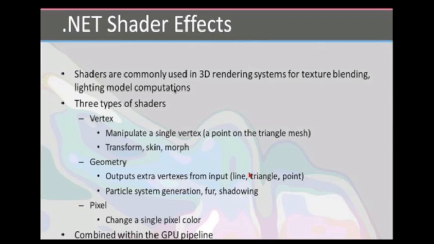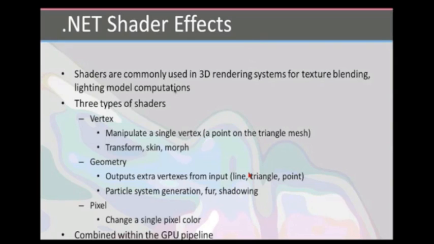Now, there are three major categories of shaders. There are vertex shaders, which manipulate a single vertex point. If you've got a three-dimensional object with a mesh defining the model, each one of those points on the mesh can be manipulated using some code inside the GPU. So I can transform the model, I can put skin on it, I can morph it.